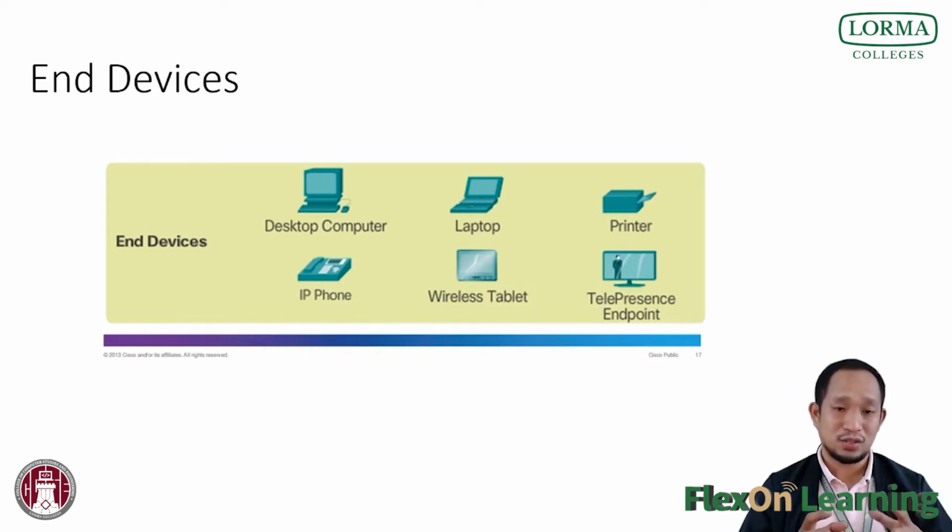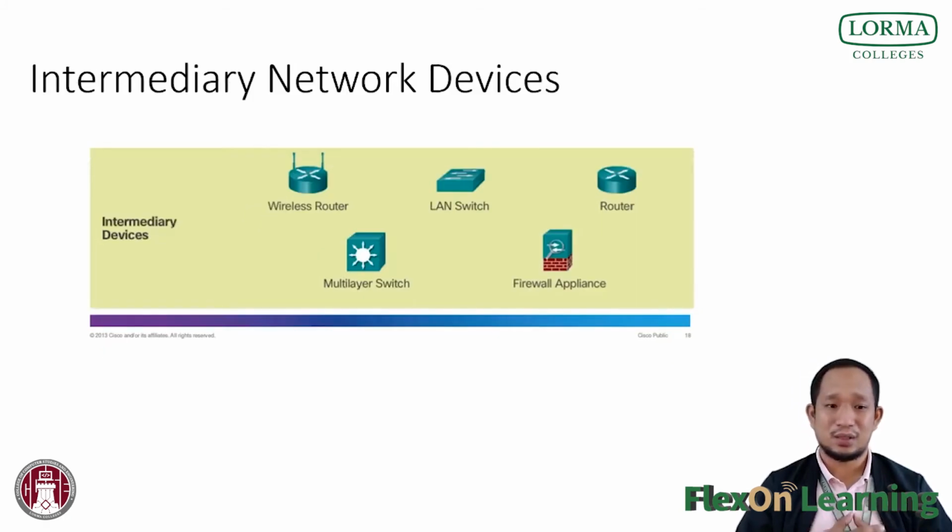And in order for these end devices to communicate, we have now our intermediary network devices. Intermediary network devices now are things that make our end devices communicate. Remember, end devices are the ones we use, the ones we interact with. Intermediary network devices pass information or data or requests from one node to another.